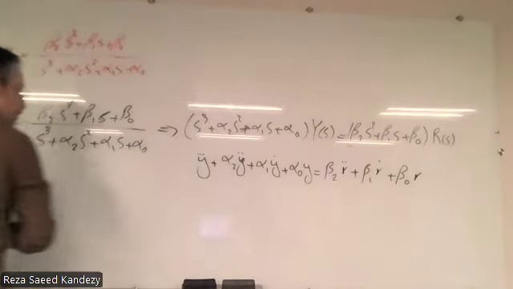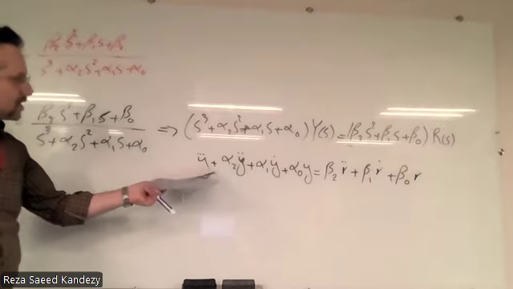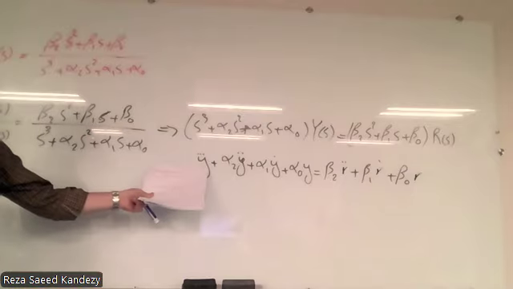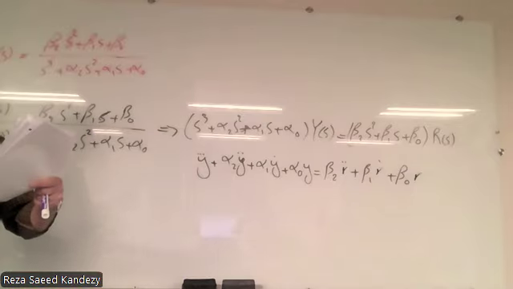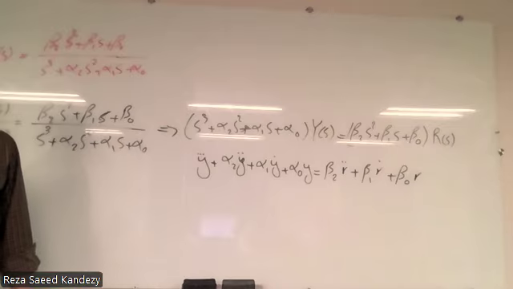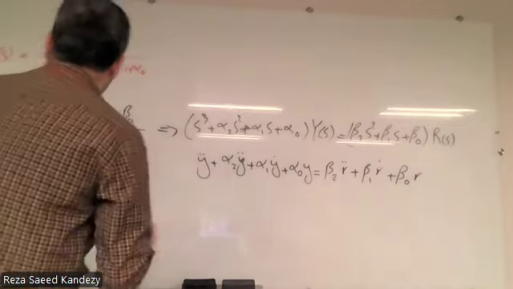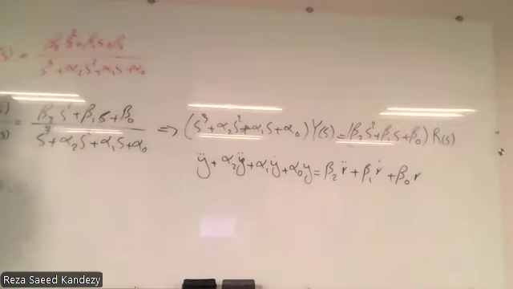Very good. We have a third order equation. How many state variables do we need? 3. So our state variables are going to be x1, x2, and x3.